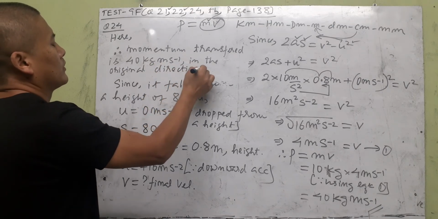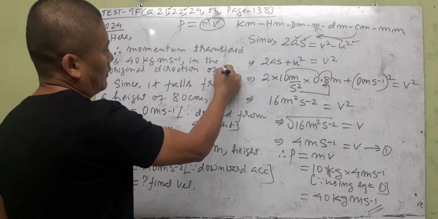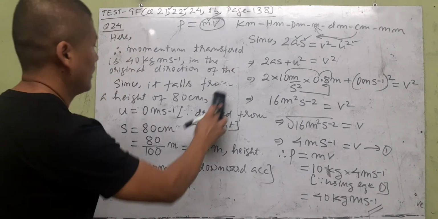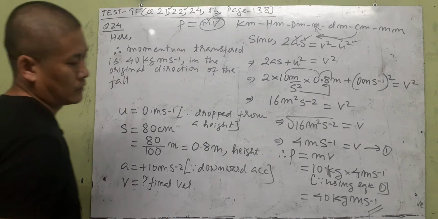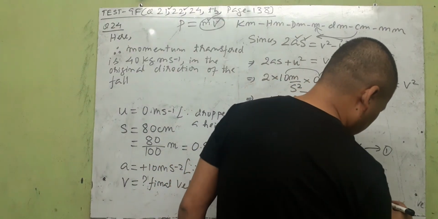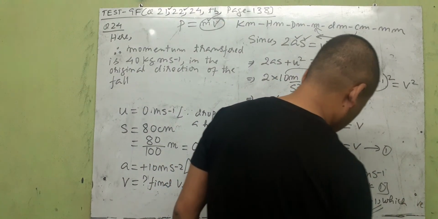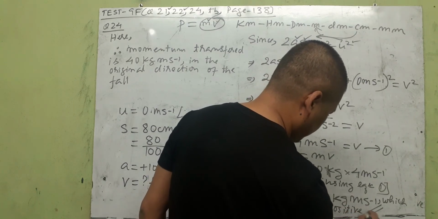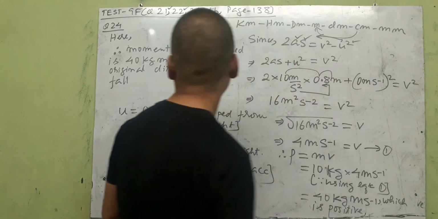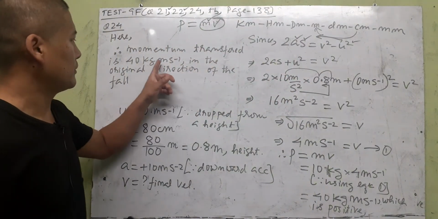The original direction of the fall means the direction of the falling, which is positive. Because it is positive, momentum transferred is 40 kg meter per second.